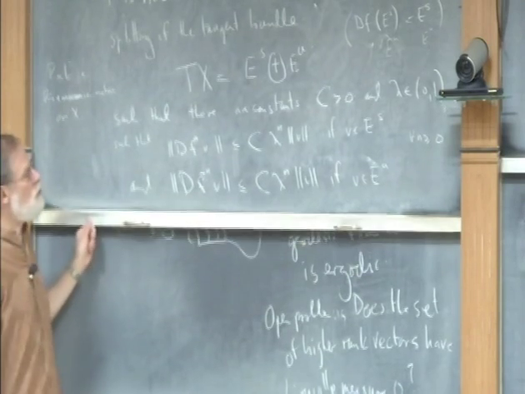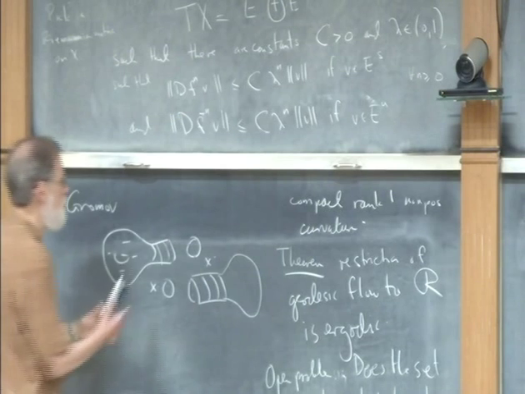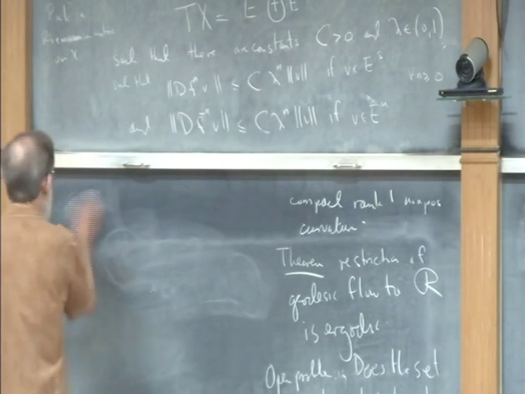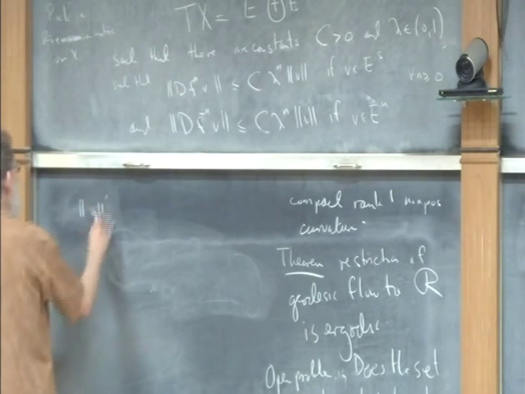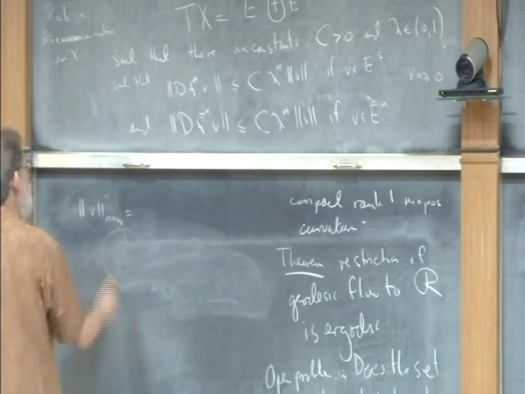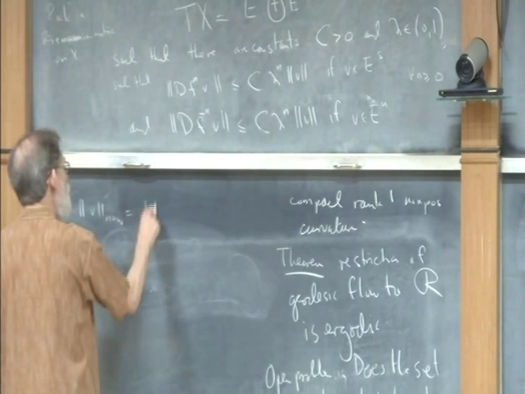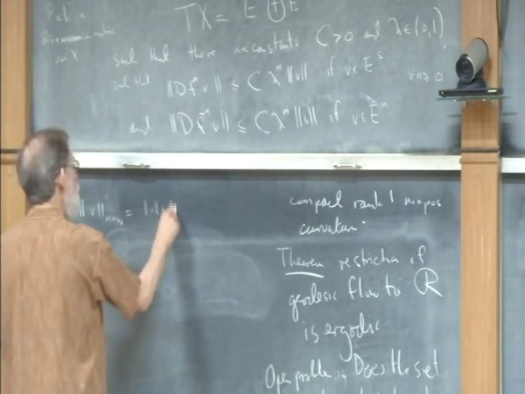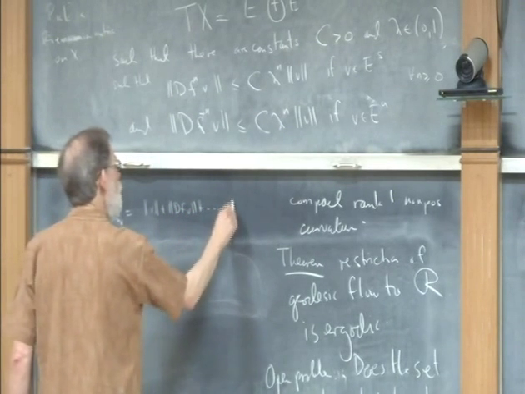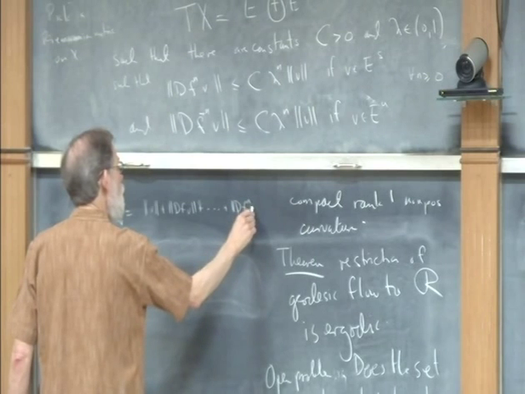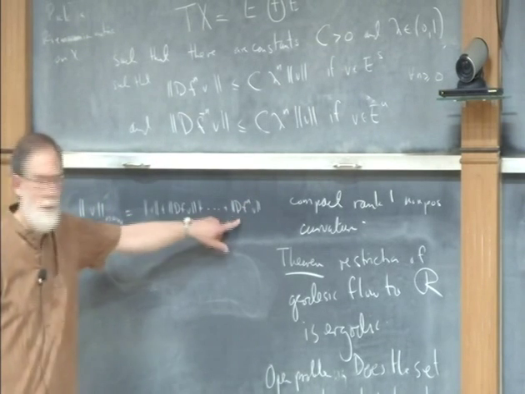And the way you construct the metric for which you see contraction immediately is you start with some metric, and then you define a new metric to be something like a sum, and I think you may want to put some weights on these things.